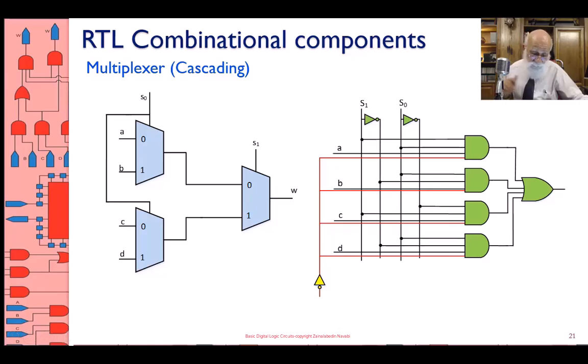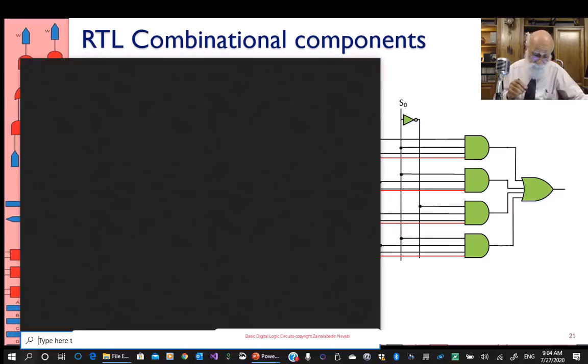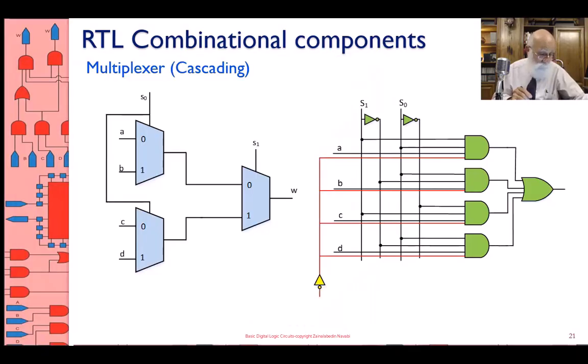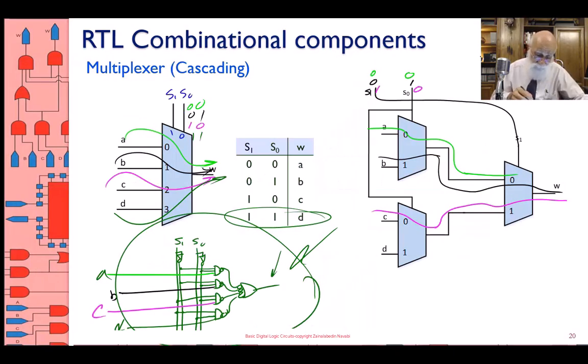Finally, if I have 1, 1, then this is selected, this is selected, D goes to the output, which is the same thing that happens with the circuit that I have over here.